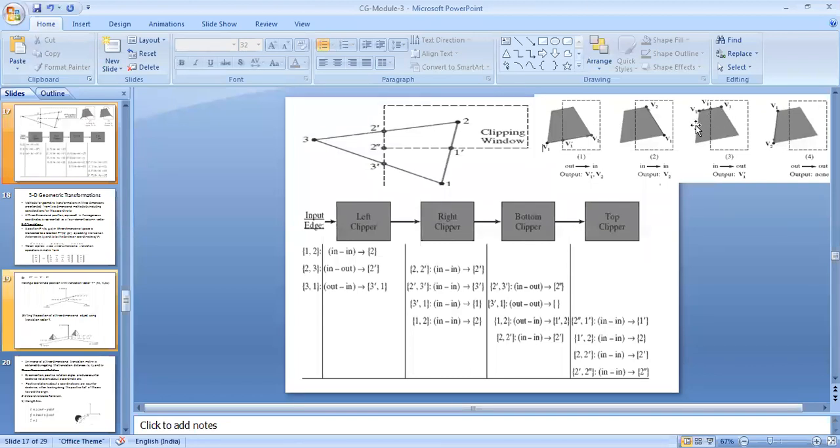If my edge is moving from inside to outside, then you should consider only the intersection point of that. If it is moving from in to out, I considered only the intersection point.